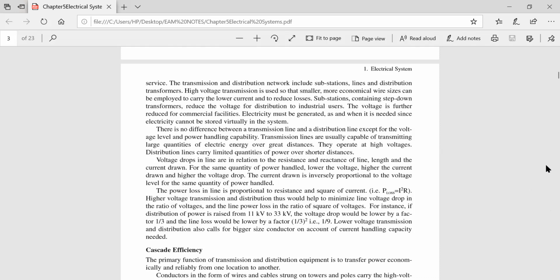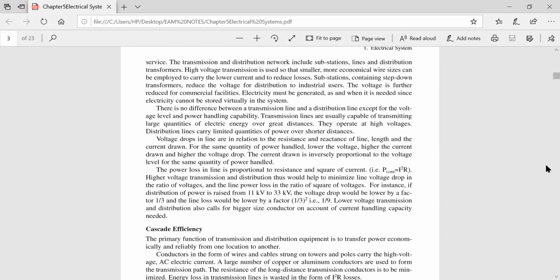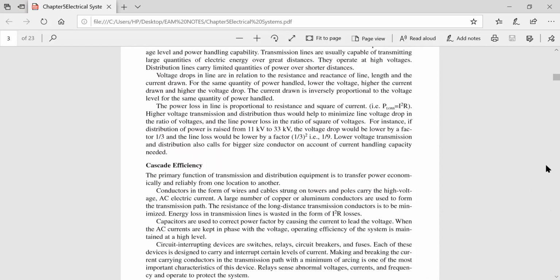Then we are talking about cascade efficiency.